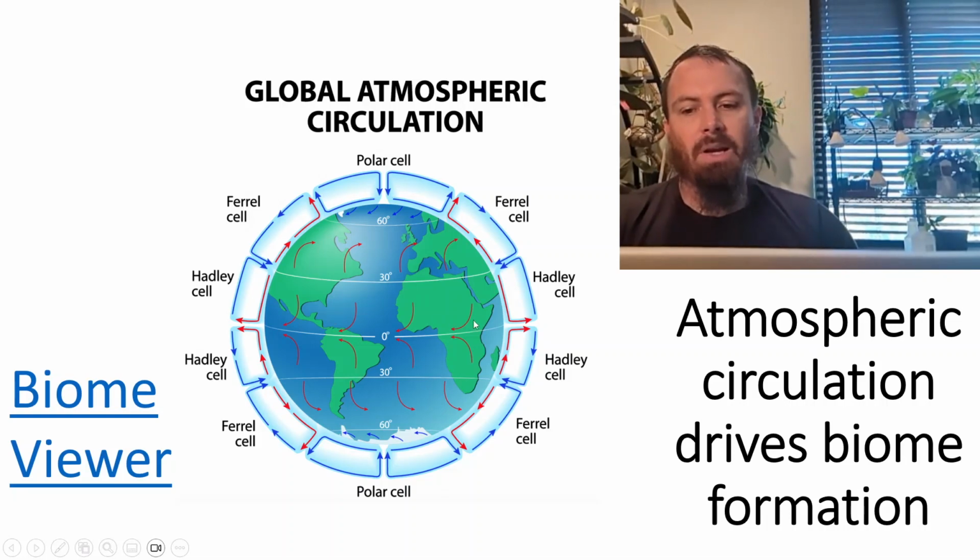Now, so keep that in mind. 0 degrees, lots of precipitation. 30 degrees, it's sucking water from the environment, not precipitating. 60 degrees, more precipitation. And 90 degrees, not much precipitation.